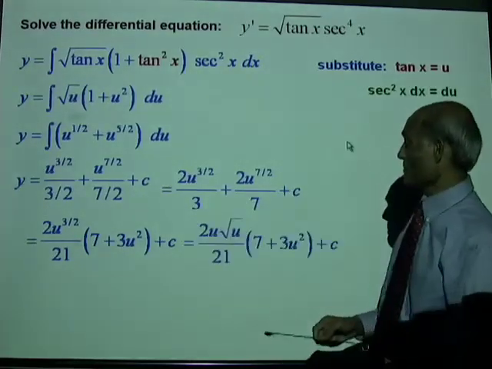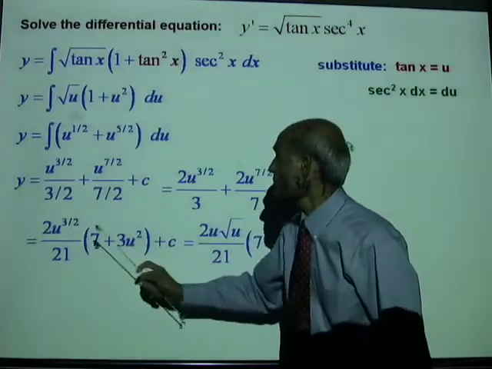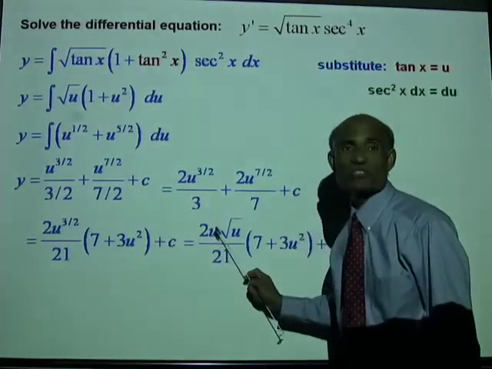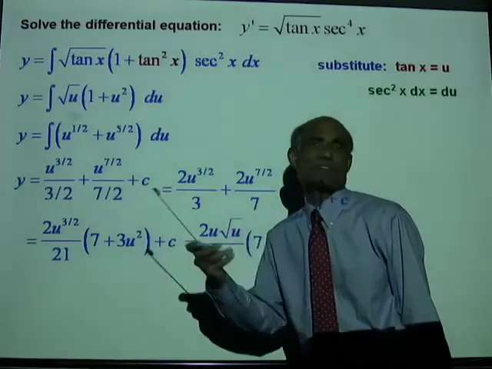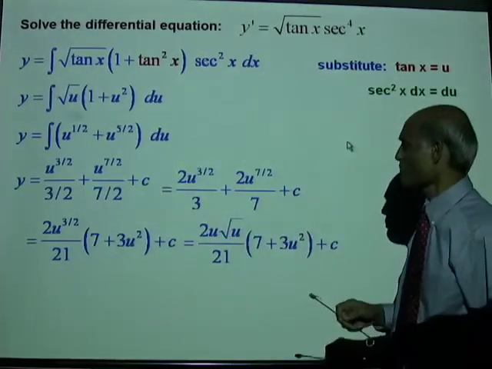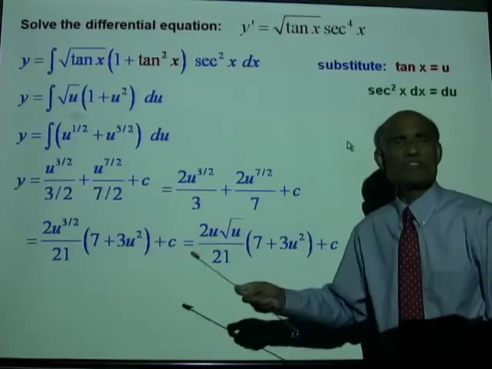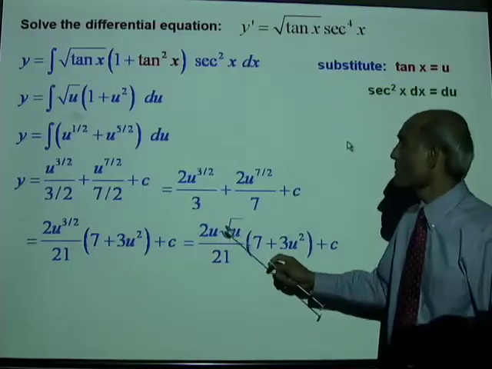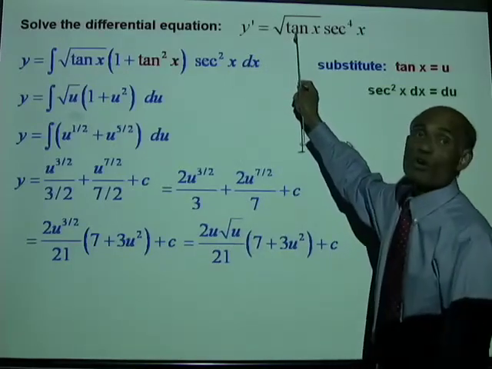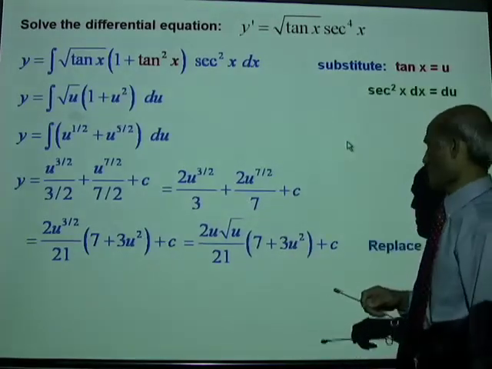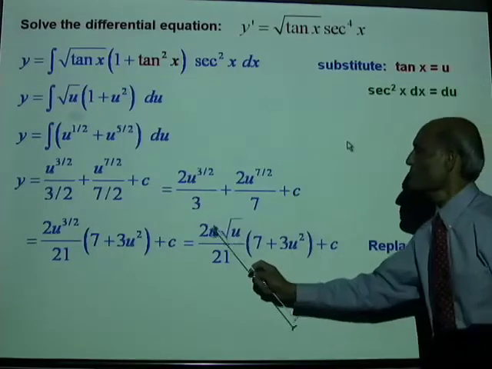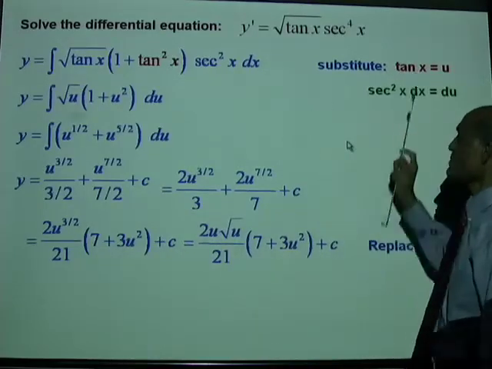And now u to the power of 3/2 can be written as u times square root of u. Just a simple step which is probably not necessary, but because the original quantity is under square root, it makes sense to do that. All right, now replace your u. Our u equal to tan x.